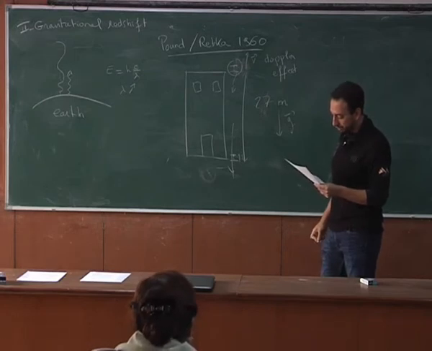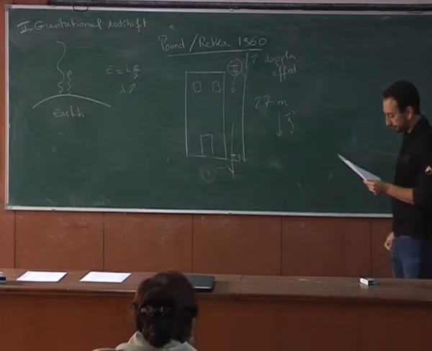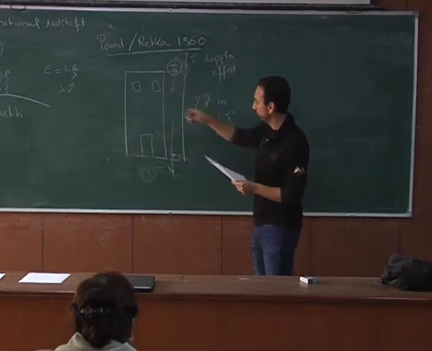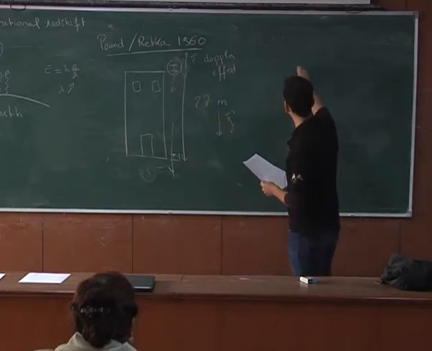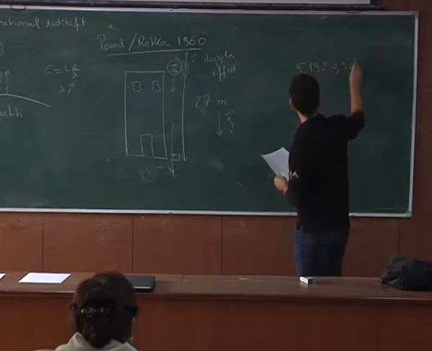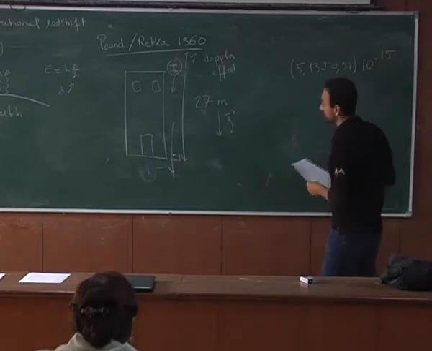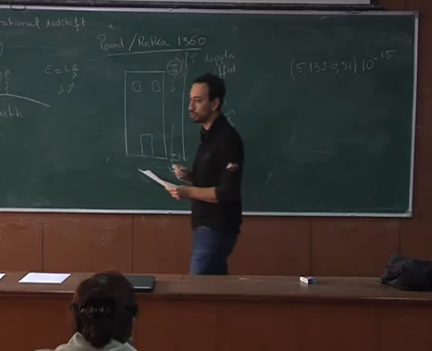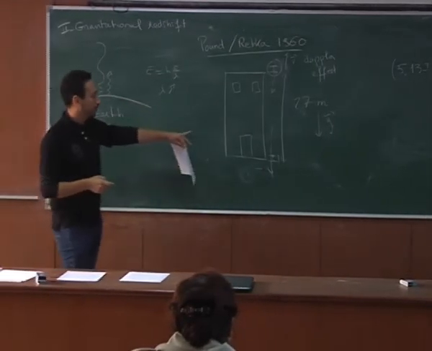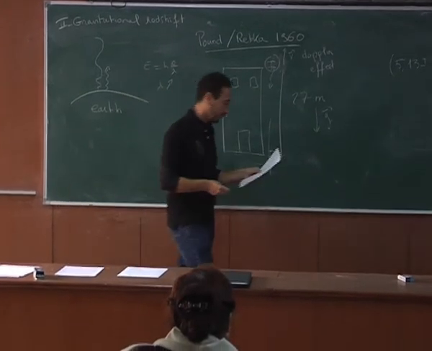Now the experiment says that this gravitational redshift changes the frequency by a value which is 5.13 plus or minus 0.51, times 10 to the minus 15. So the change is extremely small, of course, so it's very difficult to observe. But they were smart enough to imagine producing a Doppler effect, producing a velocity in such a way that it compensates that.